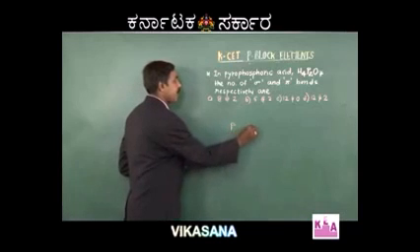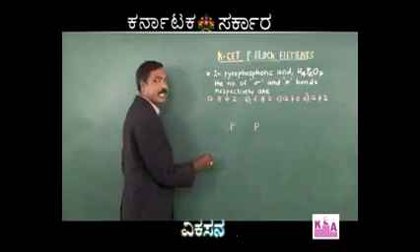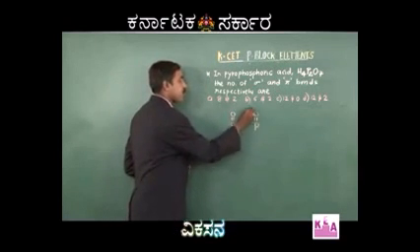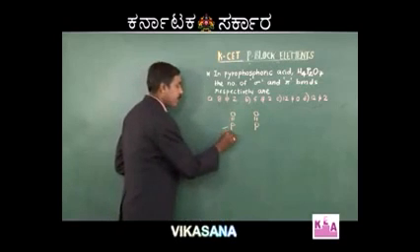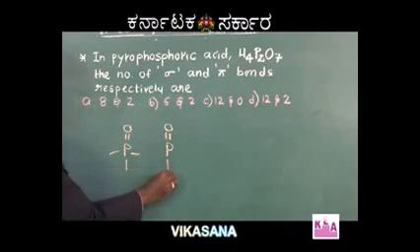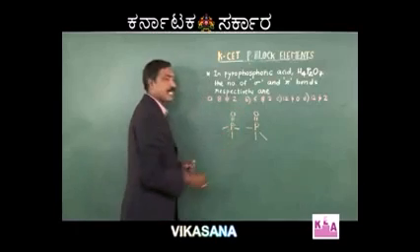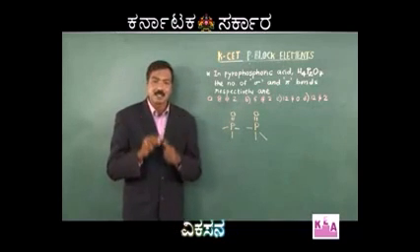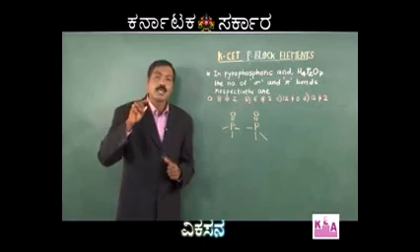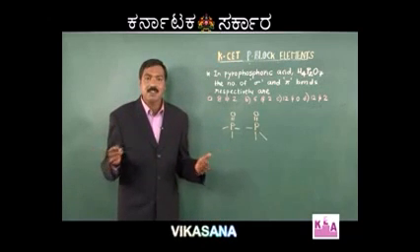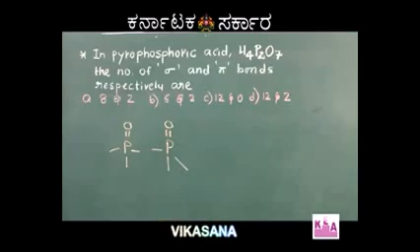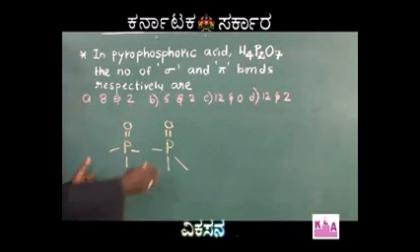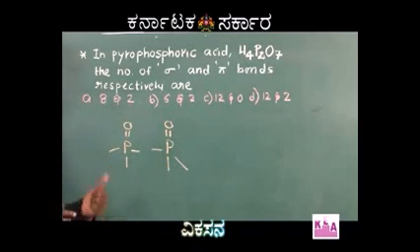There are 2 phosphorus atoms, double bond oxygen, umbrella 1, 2, 3, 1, 2, 3, taken care. Total number of oxygen that I have is 7, used up is 2, remaining is 5. Now how do I allocate this 5? I can give 2 here and 1 here.